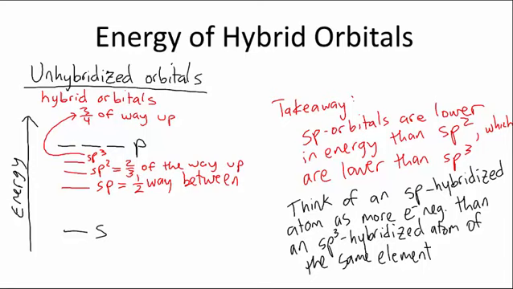So the question is, is it because those orbitals are lower energy that the atom becomes more electronegative? I would say that's kind of a semantics question, or a chicken and egg question.